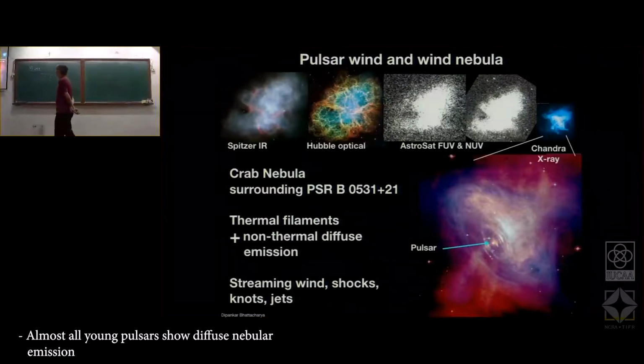If the pulsar is sitting inside a confining bubble like a supernova remnant, then they tend to be brighter. If the pulsar is not confined by a supernova remnant, but it's just simply moving in the interstellar medium, creating a bow shock, and then that is restricting the particles, then it tends to be fainter. So basically the wind is still there, but it's sort of tailing off like a comet.